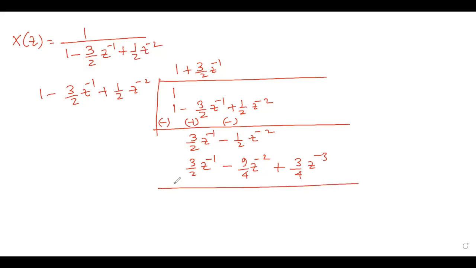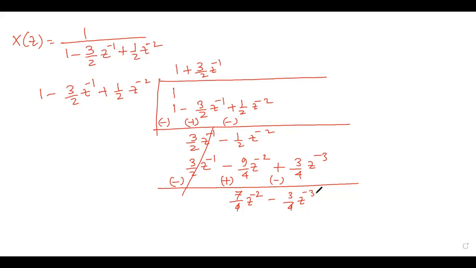So minus plus minus. What will it be? 9 by 4 minus half is 7 by 4, so 7 by 4 z to the power minus 2 minus 3 by 4 z to the power minus 3.